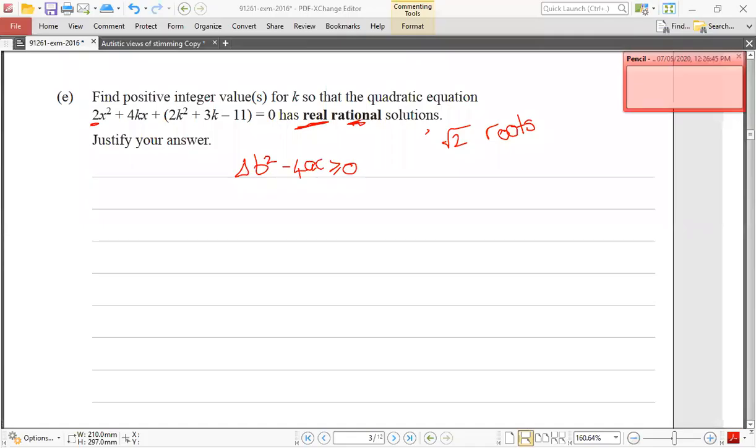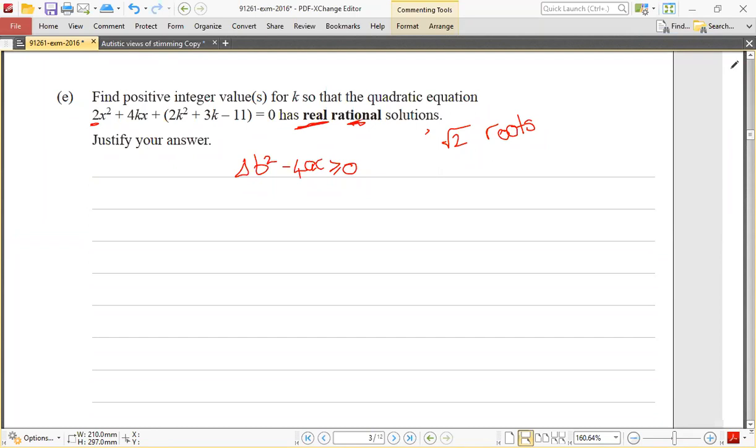Okay. Right. So let's go back to this. We've got to figure out what A, B, and C are. So what's the value of B? 2?